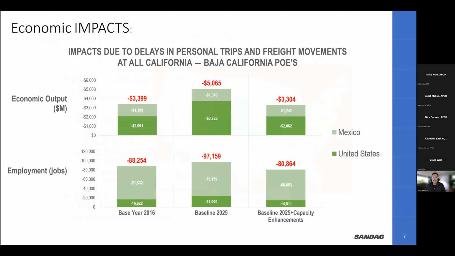I mentioned a couple slides ago that Caltrans, SANDAG, and ICTC, the Imperial County Transportation Commission, conducted a study to look at the impacts of border delays for both passenger vehicles and commercial vehicles, northbound and southbound. And in this study, and I can share the study with you, there were 3.4 billion dollars in economic losses per year, and more than 88,000 jobs lost due to border delays.